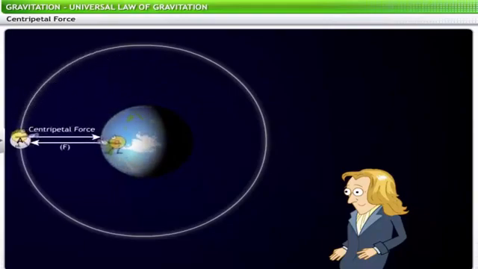When a body A is in circular motion around another body B, it experiences a force directed away from the center of the circular path, which is equal in magnitude and opposite in direction to the centripetal force. This prevents the two bodies from moving towards each other due to gravitational force of attraction between them.